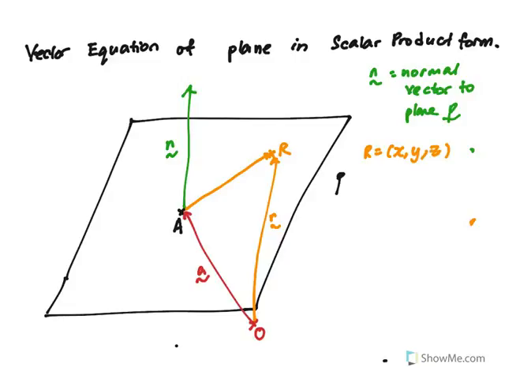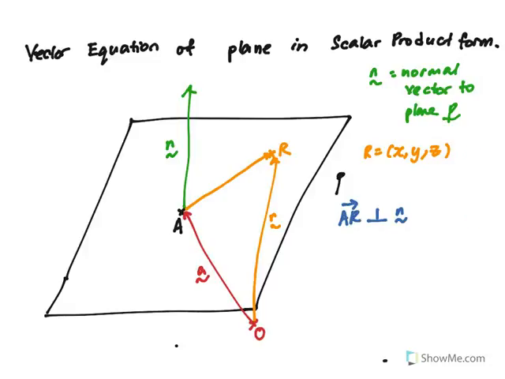Since A and R both lie on P, if we consider the vector AR, we can say that it's perpendicular to n.